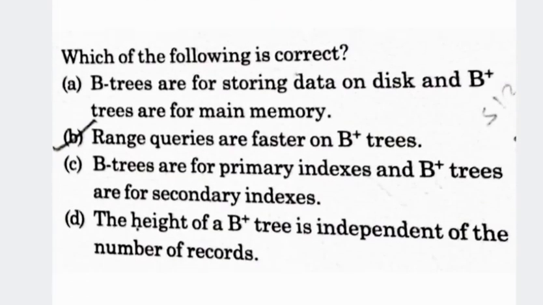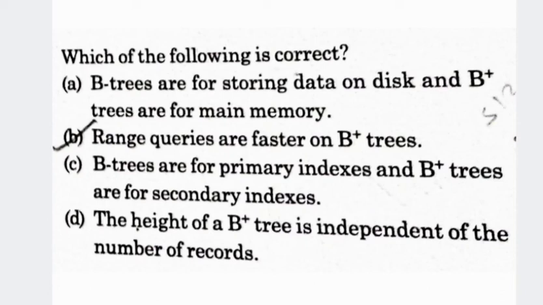Which of the following is correct? There are four statements given. Statement A: B trees are for storing data on a disk and B plus trees are for main memory. Statement B: range querying is faster on B plus trees.